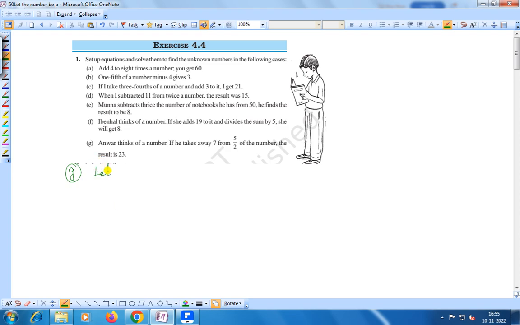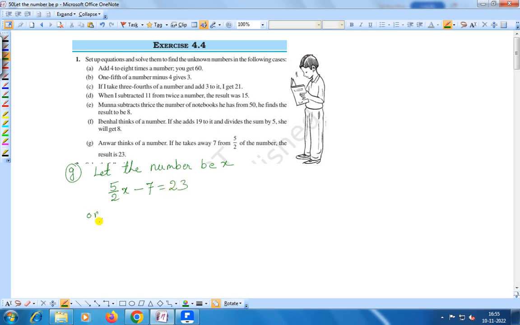Let the number be x. Right? Therefore, according to the question, 5 by 2 x minus 7 is equal to 23.